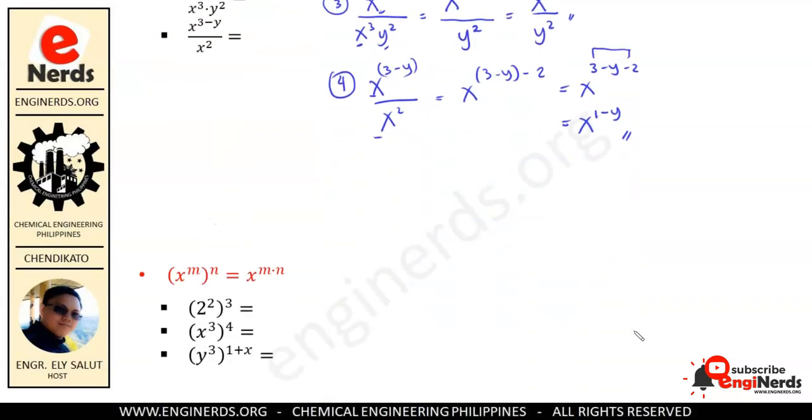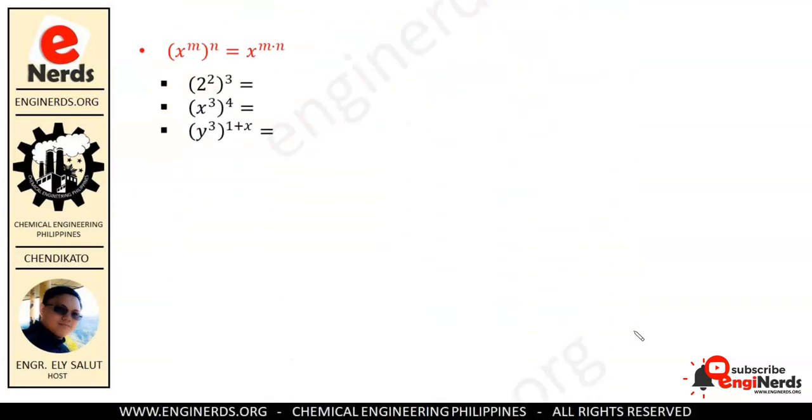And now, let's go to the next property. Now, here, guys, you will see that our power is inside the parenthesis, okay? And then, all of that is being raised to another exponent, which is n.